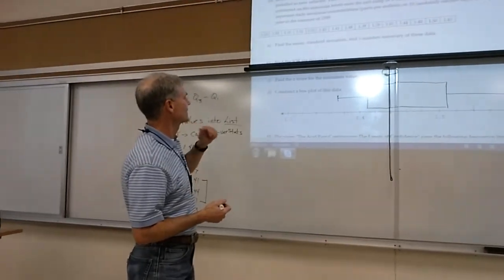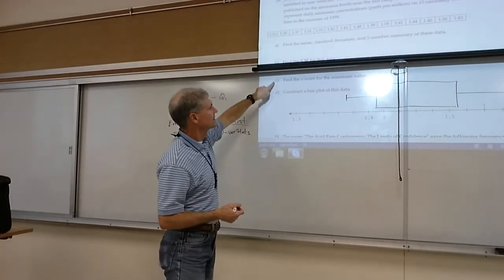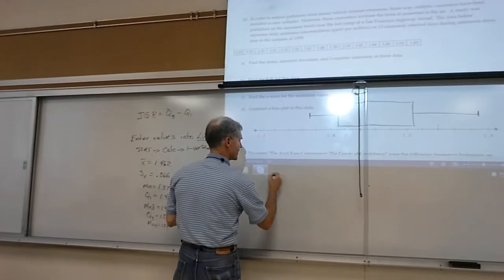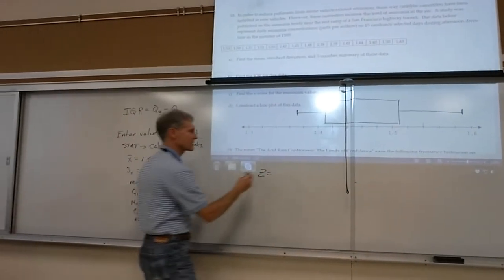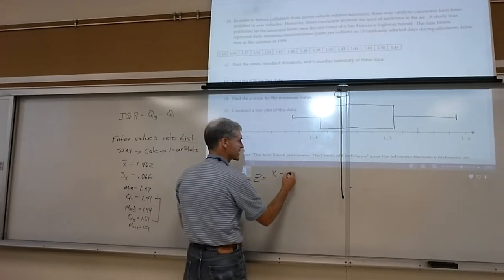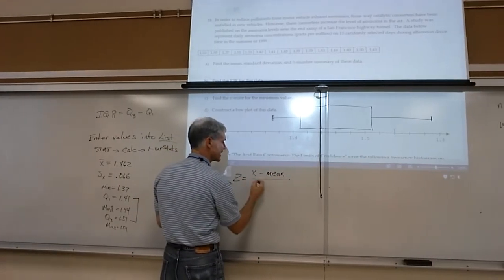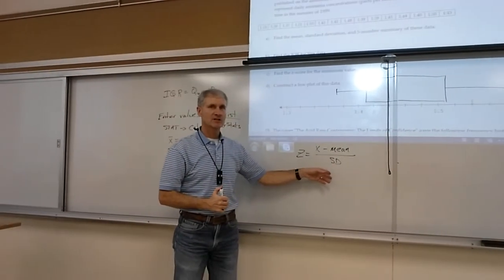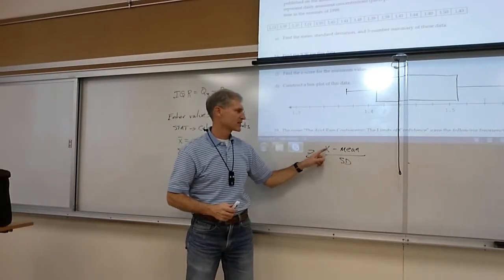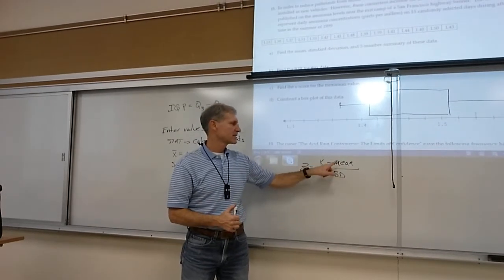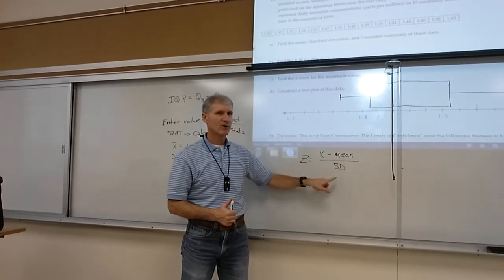Okay, z-score. Is that part C? The z-score for the minimum value. So z-score is defined as the value, we call it x, placeholder, minus the mean divided by the standard deviation. Now I'm writing it out in words, instead of what I gave you last time, x minus mu over sigma, or x minus x bar over sx.